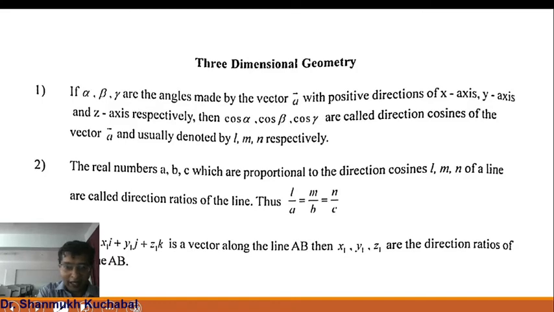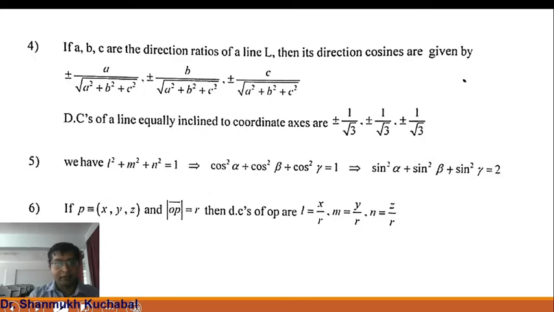Other than i, j, k, these x1, y1, z1 are called direction ratios. We already discussed these things in the theory class, so this is just a revision for your competitive examination.